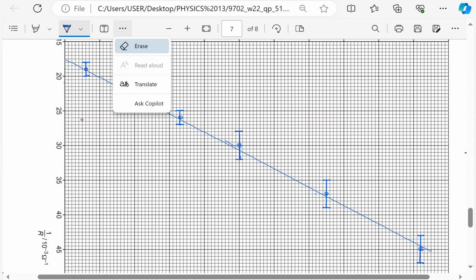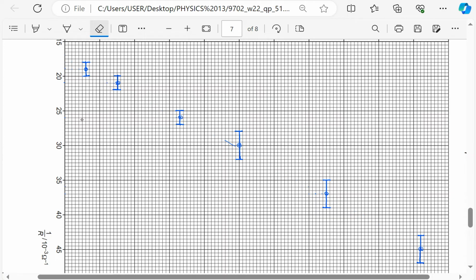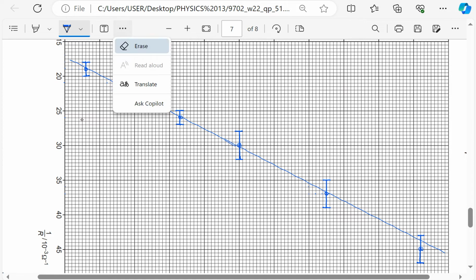Wow, this is the worst line I've ever seen. Okay, I'm just going to take this as my line of best fit, even though it can still be rotated clockwise.